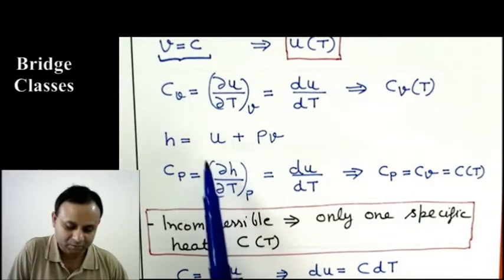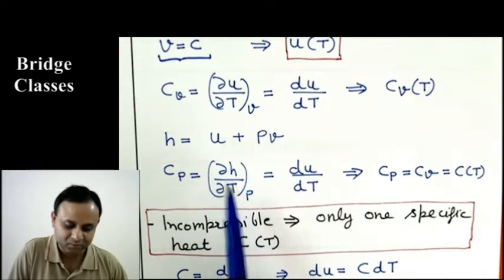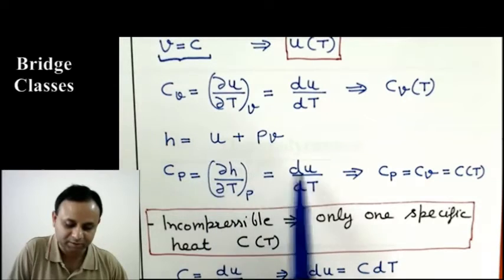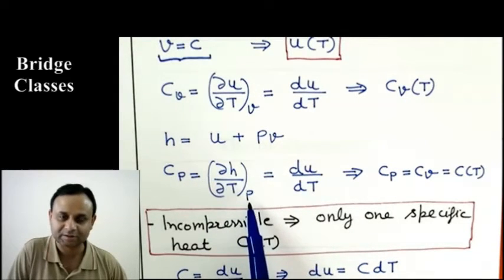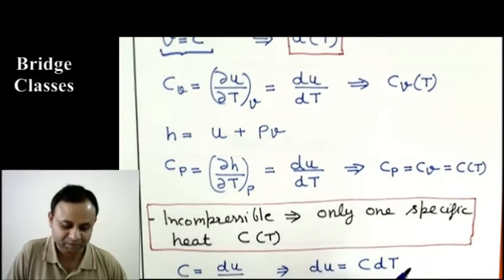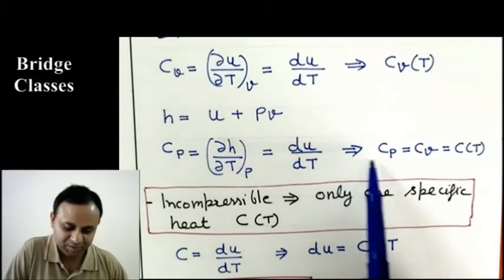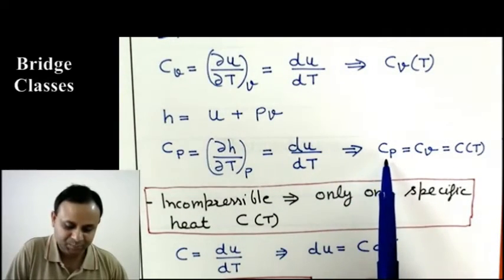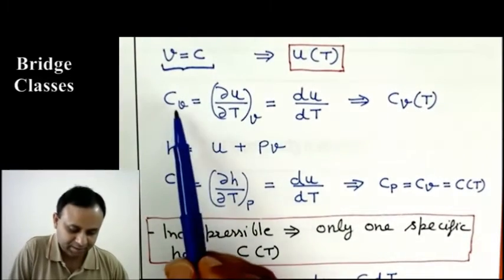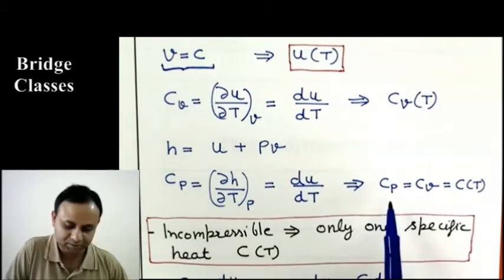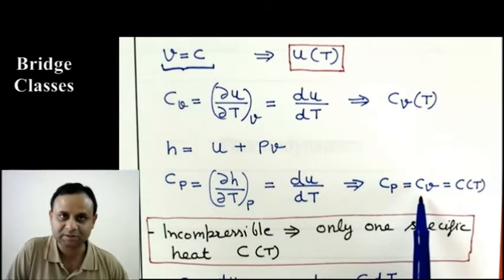So ∂H/∂T at constant pressure will just become dU/dT, and it will be a total derivative because U does not even depend on pressure. So what do we get? Cp is dU/dT, and Cv is also dU/dT. So we got Cp equals Cv for an incompressible substance.